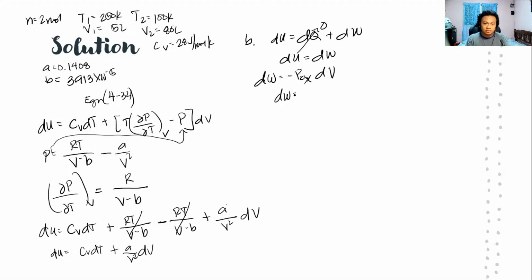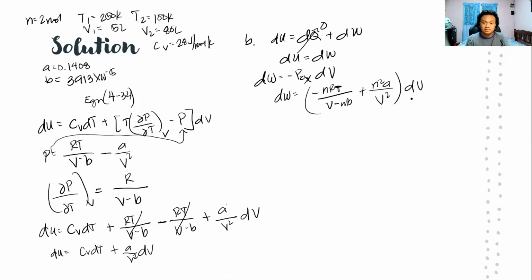So dw is equal to negative nRT over V minus nb plus n squared a over V squared.